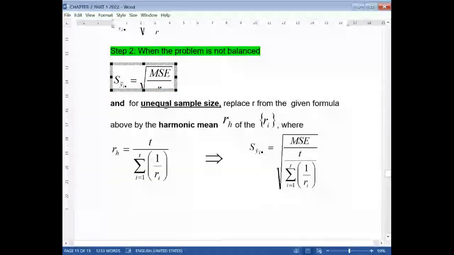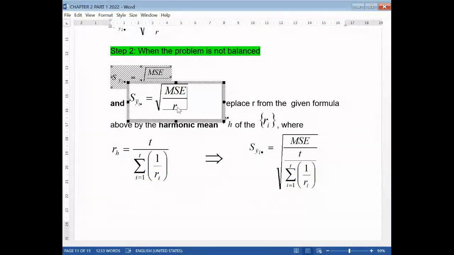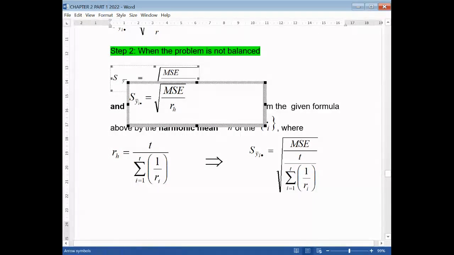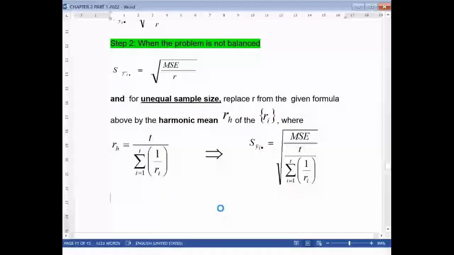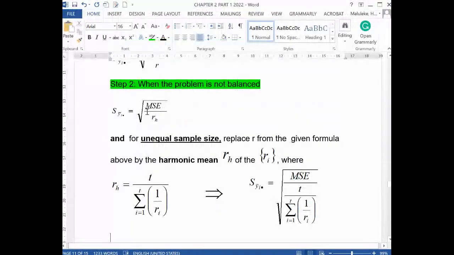So the denominator here will change to R_H. R_H is the harmonic mean. So if the problem is not balanced, you must first find the harmonic mean. The harmonic mean is given by this formula here.